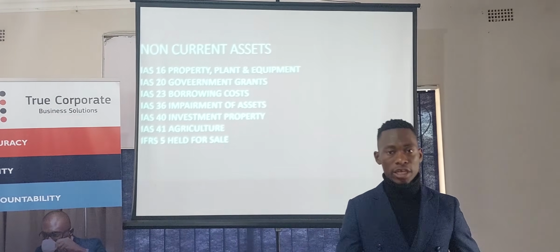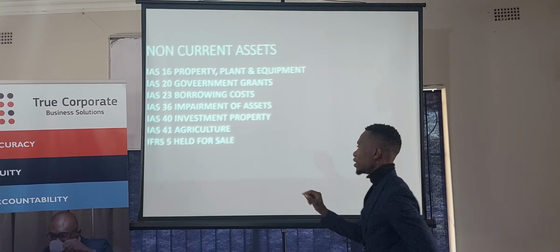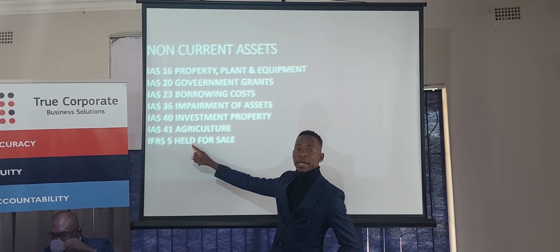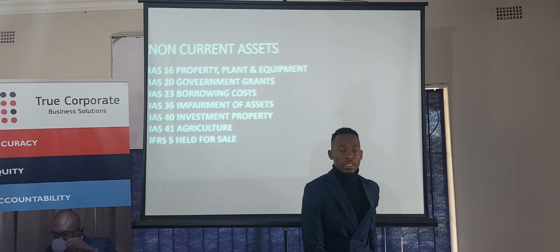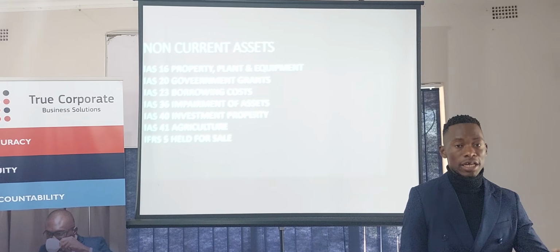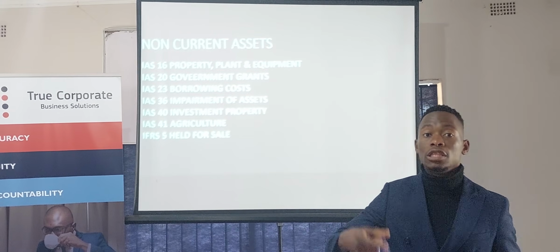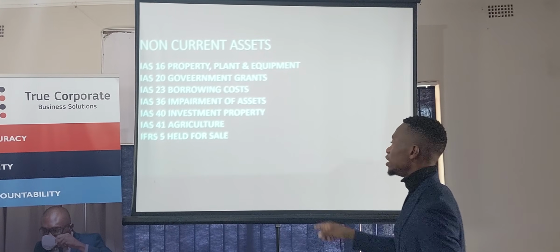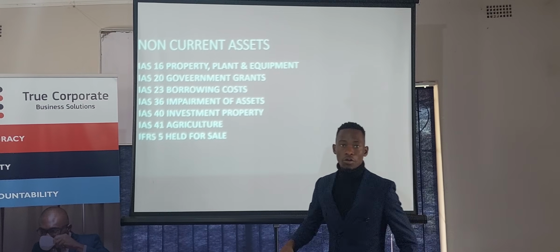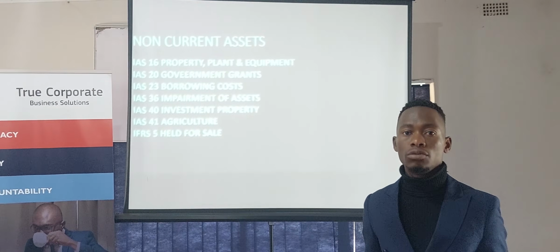But now when a non-current asset is classified as held for sale, it means that they no longer want to use it. They no longer have the intention to use the asset even in the long run. So when they have the intention to sell it, we now need to know how we are going to treat it in the books, the accounting treatment.